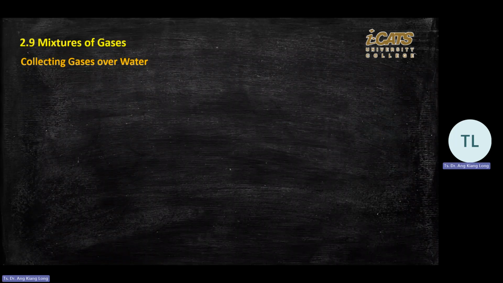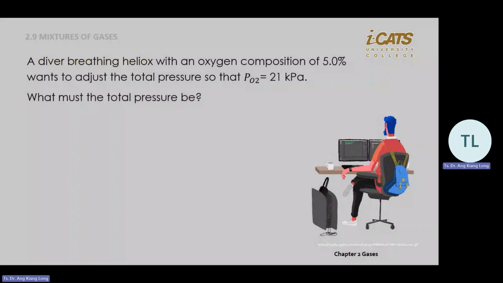Put in the fraction. This one becomes 5 divided by 100. This one is on the left, right? So this one, partial pressure equals fraction multiplied by P total.